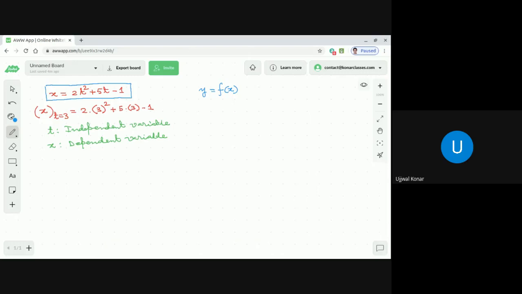That is what is called velocity. So what is velocity? The rate of change of displacement. Now think about acceleration: the rate of change of velocity.